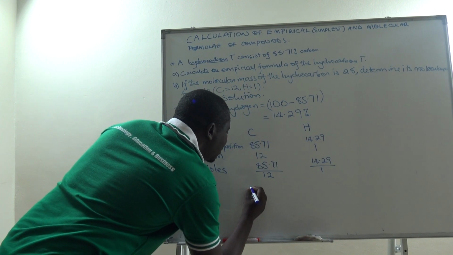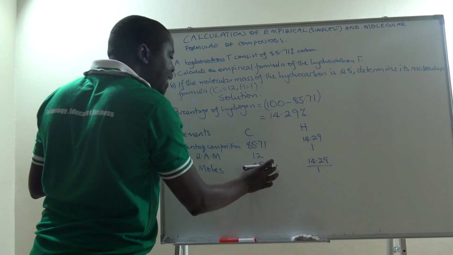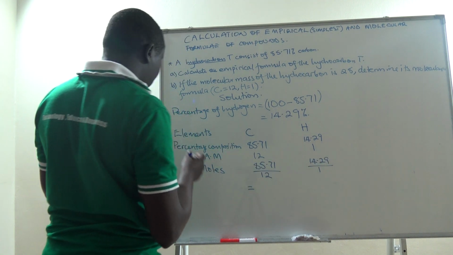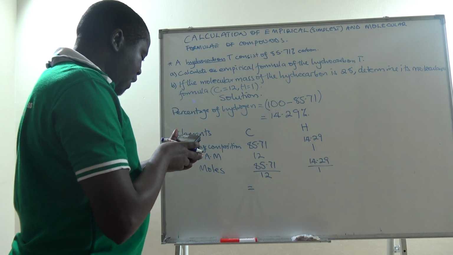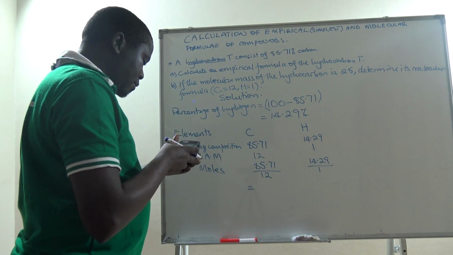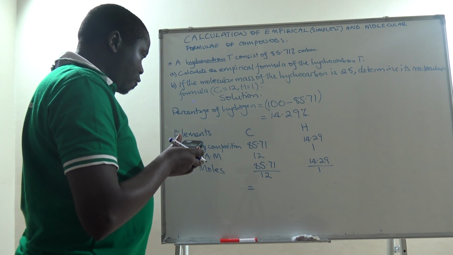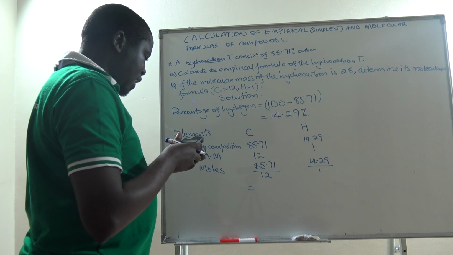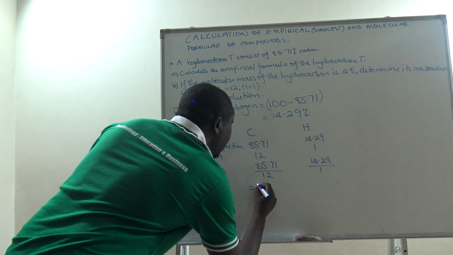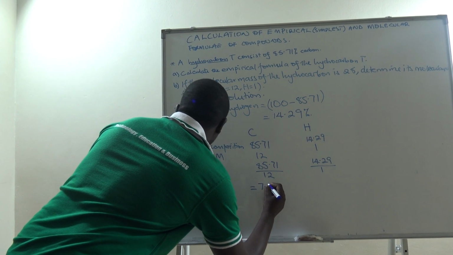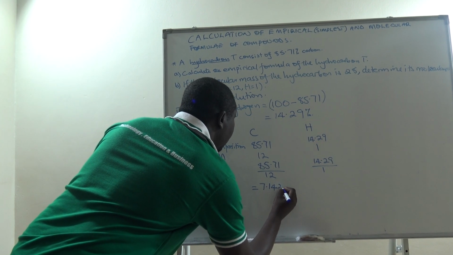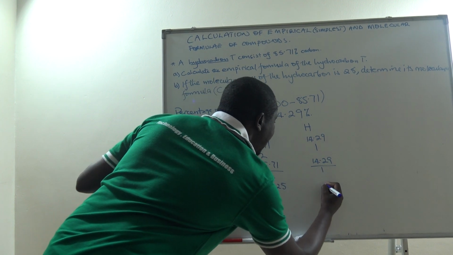And then we put an equal sign to show that we are getting some values from this expression here. So 85.71, we have to divide by 12. And this one gives us 7.1425, and this one gives us 14.29.